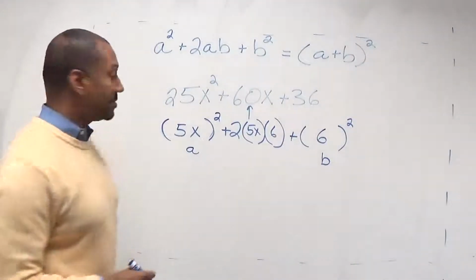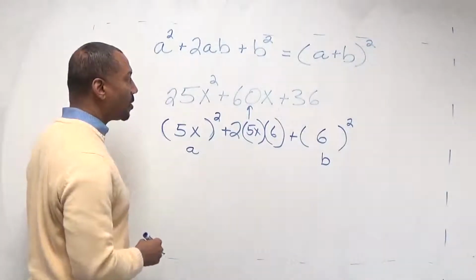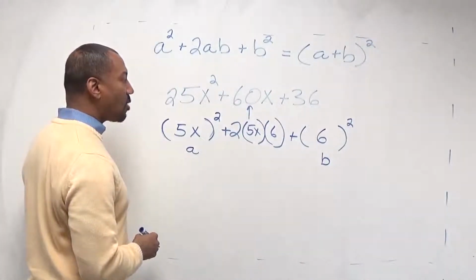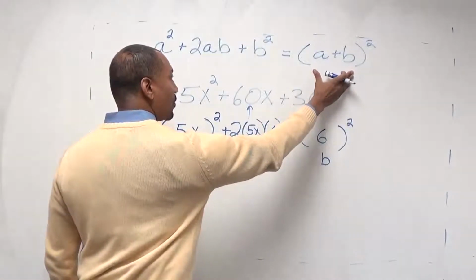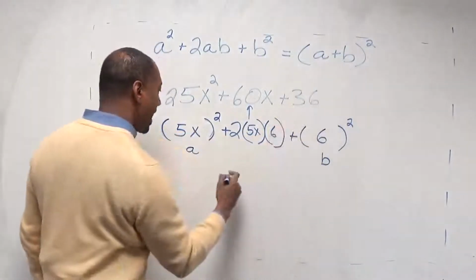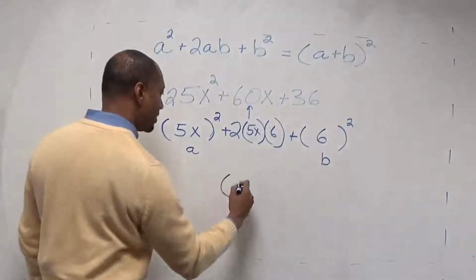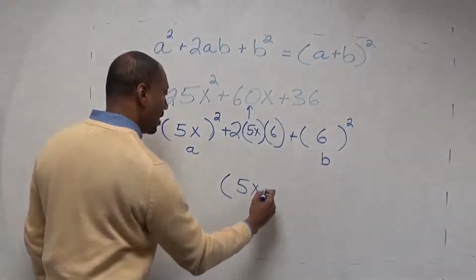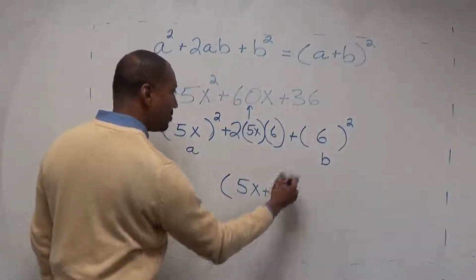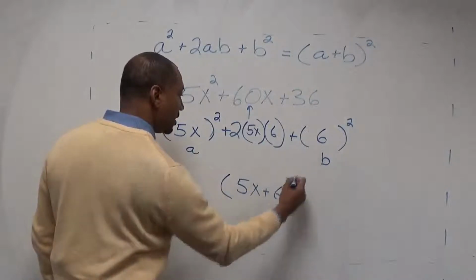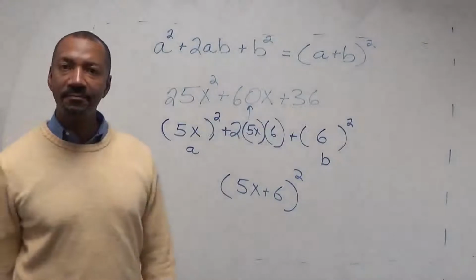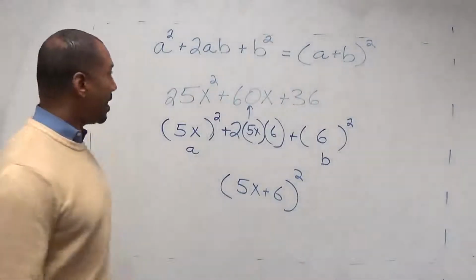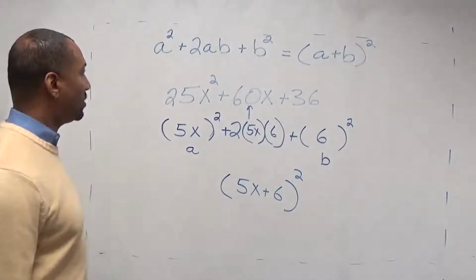And it does. And so we're now going to go to our final answer. a plus b is actually going to be 5x plus our b, which is 6, and that'll be raised to the second power. Okay, so there is your first one.